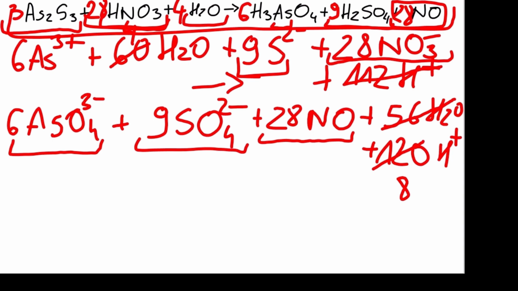On the right side we need to have also 36. In 6 particles of the arsenic acid we have 18 atoms of hydrogen. In 9 particles of sulfuric acid we have also 18 atoms of hydrogen. So in total we have 36 hydrogen atoms on the right side of the reaction.